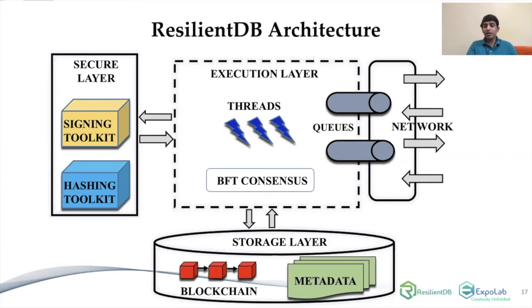There's a storage layer, which manages the blockchain and any metadata required. There's a network layer, which does the task of exchanging messages between replicas and clients. And there is a secure layer, which helps in performing signing and hashing. Further, there's an ordering layer, which helps to run the BFT consensus protocol.